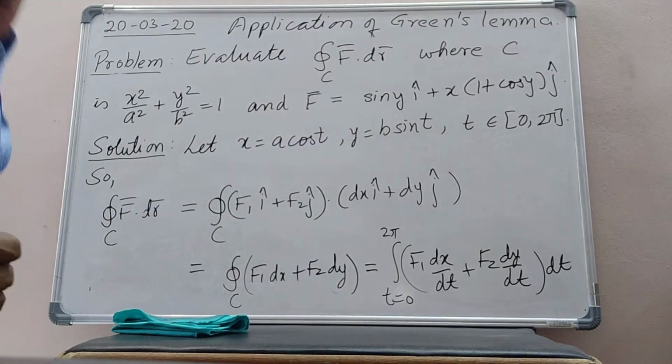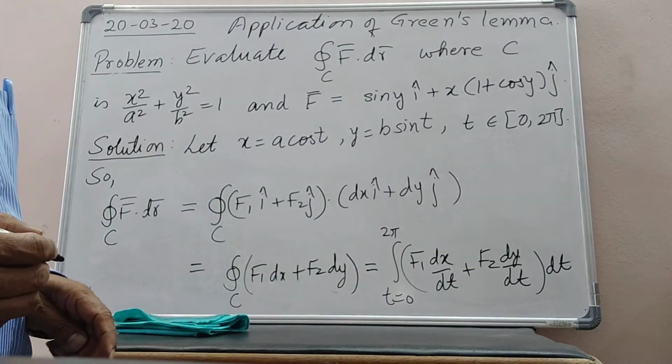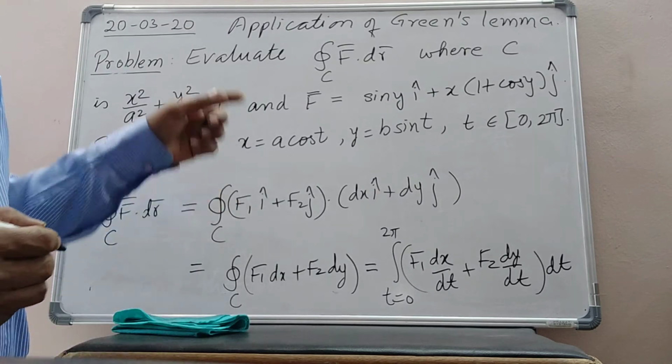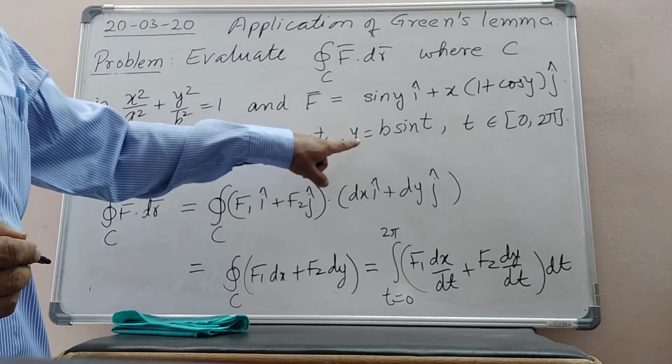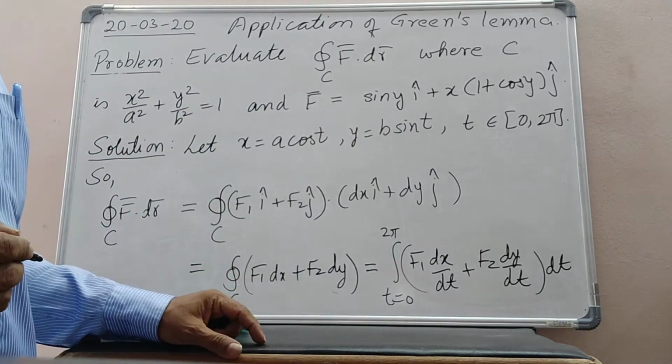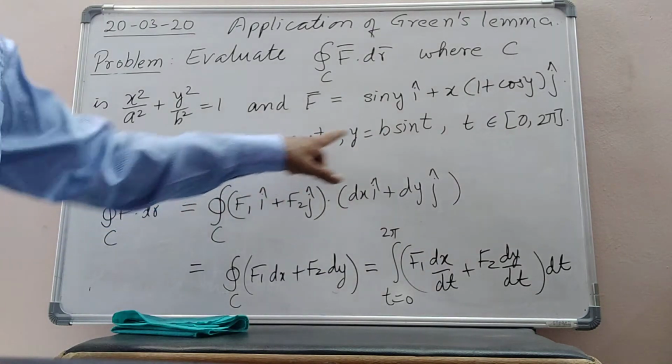Now I will make all the necessary substitutions in this. So wherever I see an x, I put this value. Wherever I see a y, I put this value. And the derivatives, again, to be evaluated from these two expressions.